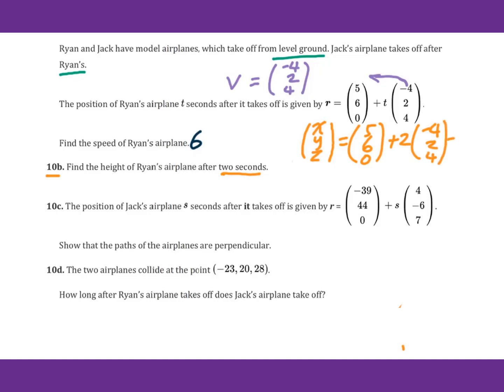You work this out: 5 minus 8 is negative 3, 6 plus 4 is 10, 0 plus 8 is 8.